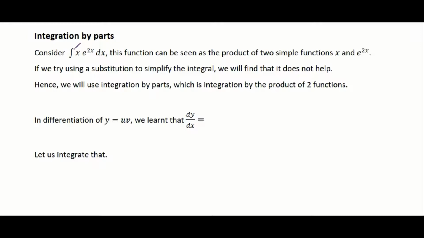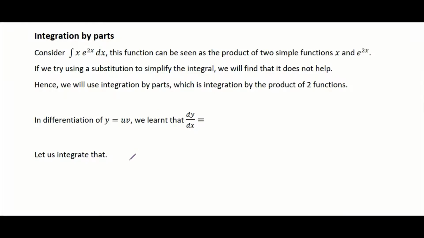So it wouldn't help in this case. That's why we will use integration by parts, which is the integration of the product of two functions. It is something similar to the product rule, but of course, we are not going to use exactly the same formula as in differentiation.